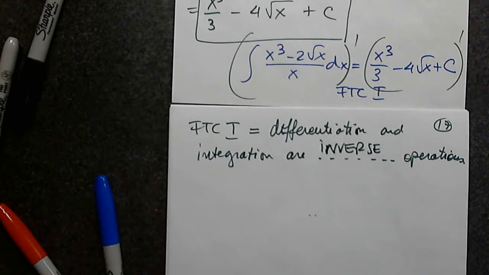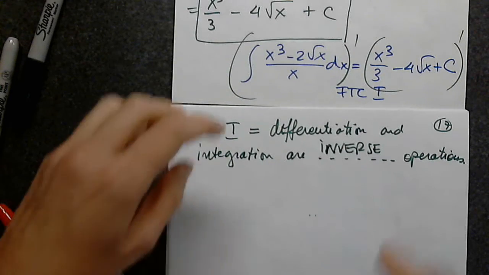This is what fundamental theorem of calculus part 1 shows. And I'll show you with slightly more sophisticated examples, but this is what I need for now, this moment. Fundamental theorem of calculus part 1 says that differentiation and integration are inverse operations.